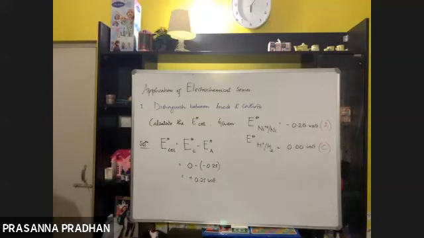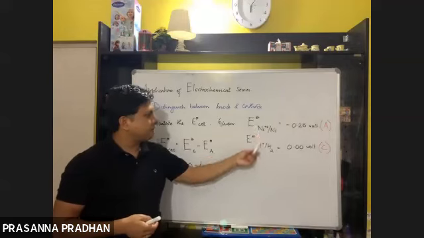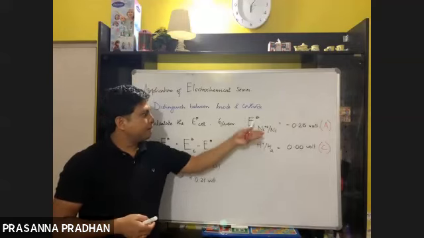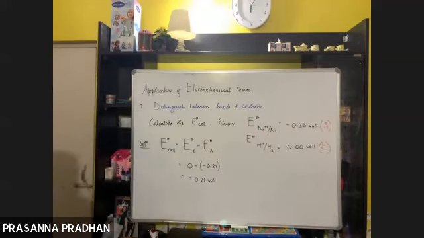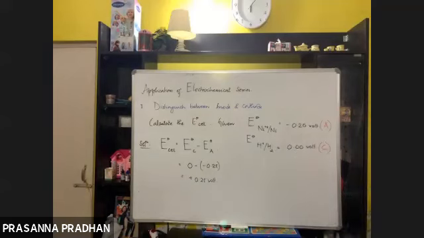Now is it understood, guys? Is it clear to all of you? So from the electrochemical series, if the reduction potential values of two electrodes are given, then we can easily predict which one will behave as a cathode and which one as an anode in this simple way. It's too easy. There should not be any confusion. So this is the first application of your electrochemical series.